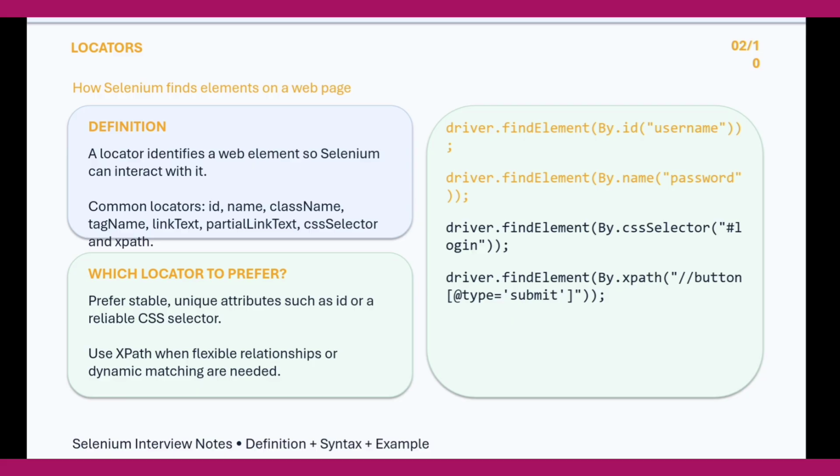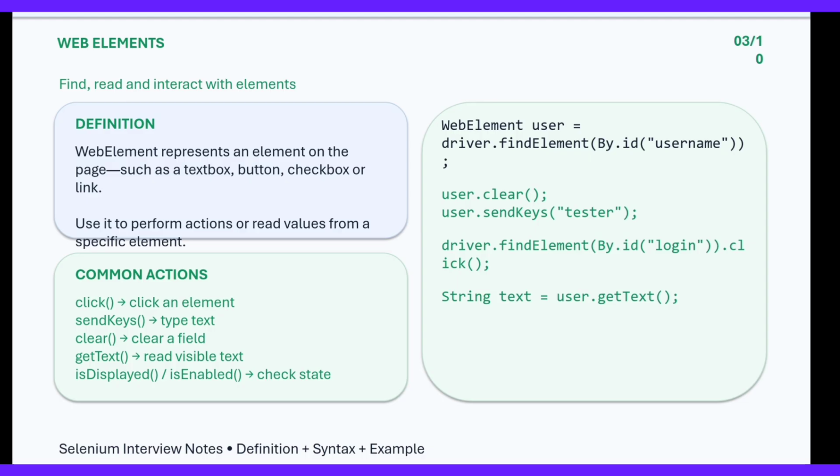So now that we know how Selenium finds an element, let's see what we can actually do with that element. Once Selenium finds an element, it represents that element using the WebElement interface. For example, a username text box, login button, checkbox, or link can all be represented as web elements, and once we have the web element, we can perform different actions on it.